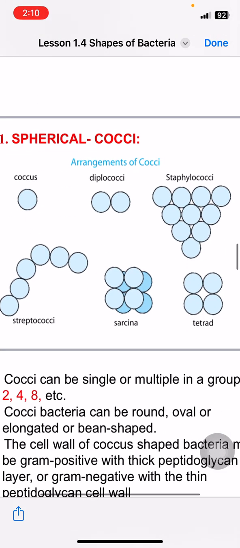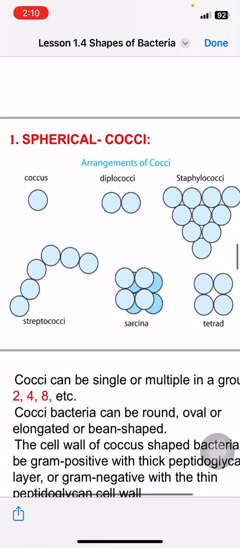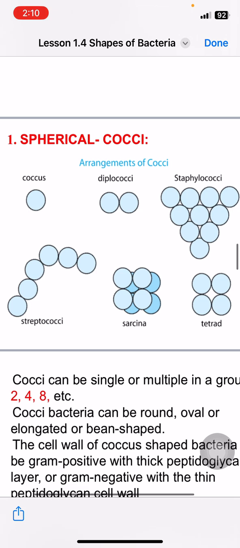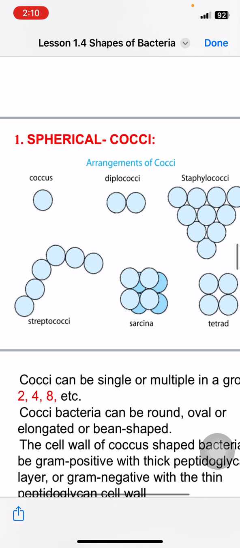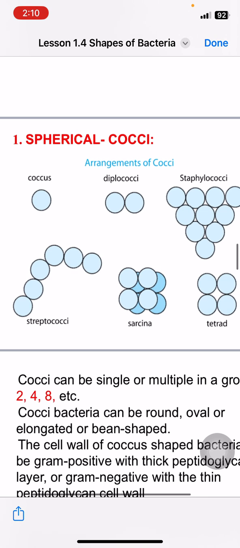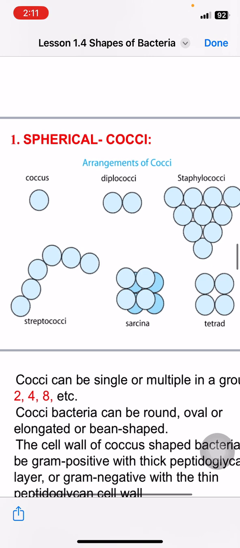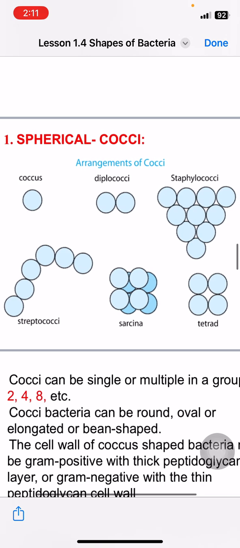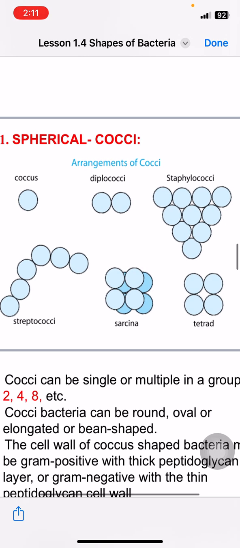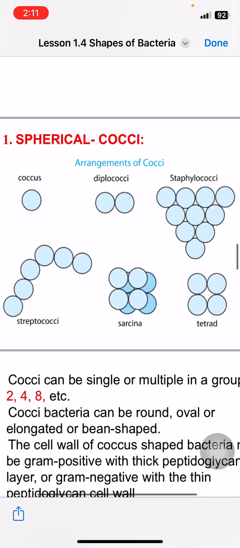So now let's start on identifying the bacteria that are arranged into spherical. For the arrangement of cocci, if there is only one bacteria, it possesses only what? Coccus. If it is diplococci, it consists of two bacteria, two formations of bacteria. When we say staphylococci, it consists of many bacteria.